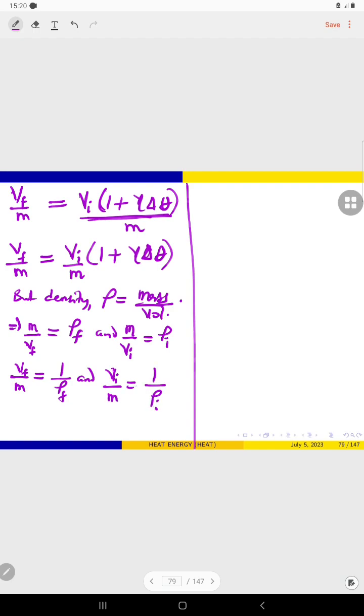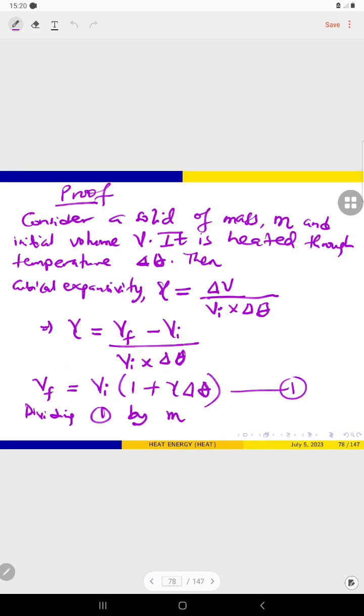Can I say that? When I invert it, I'll get this. So let me call this equation 2.